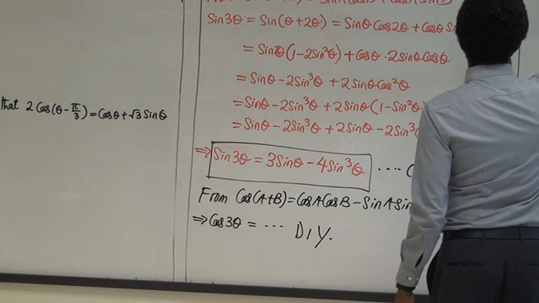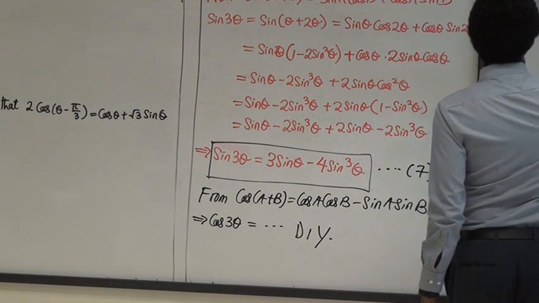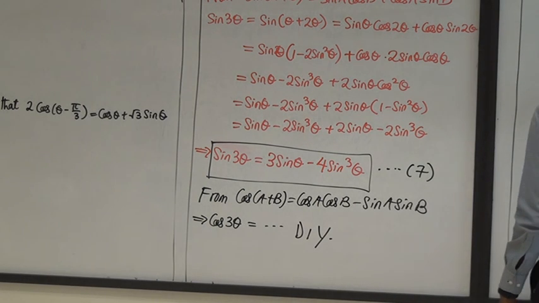From here, cos 3 theta equals whatever you get will be identity 8.